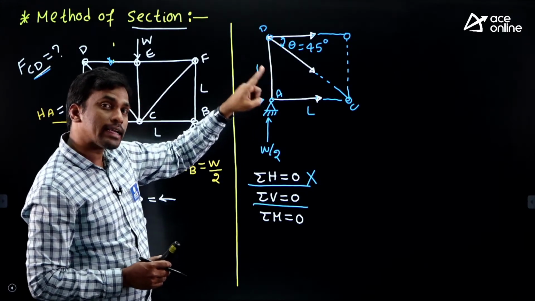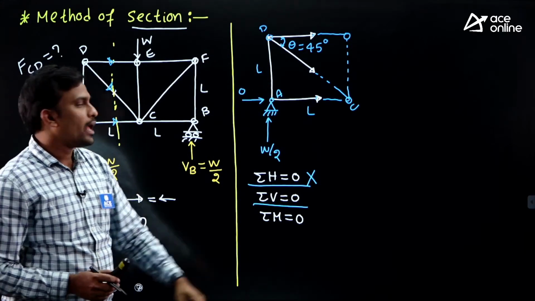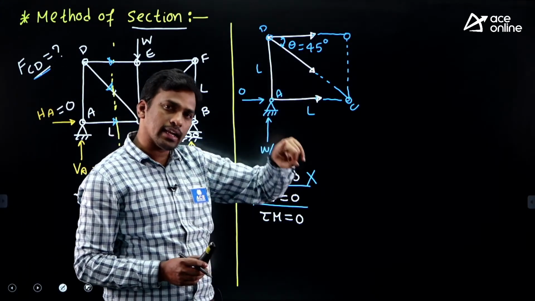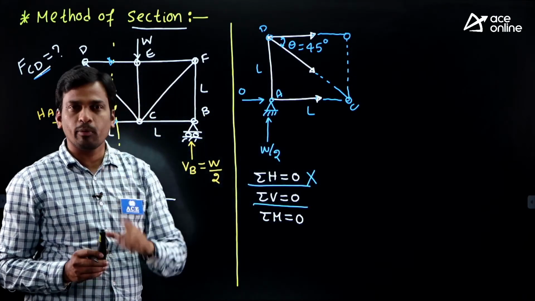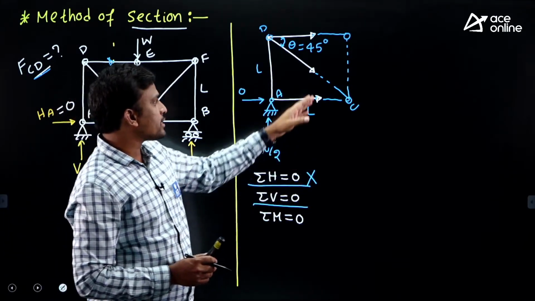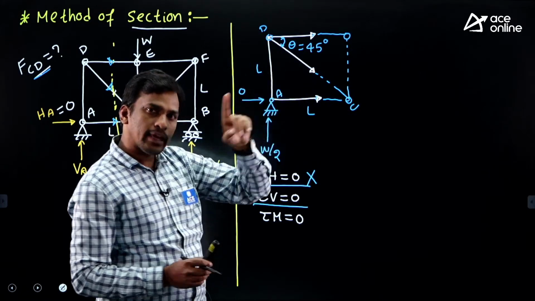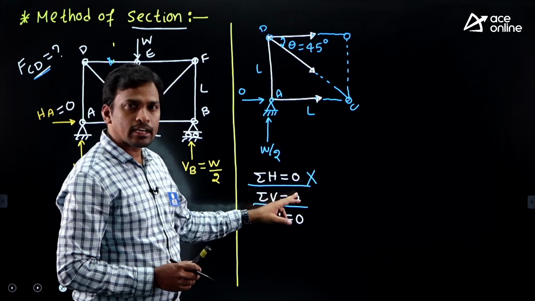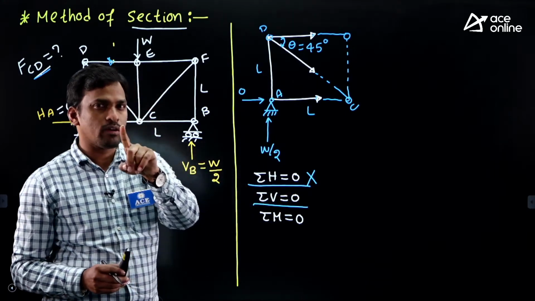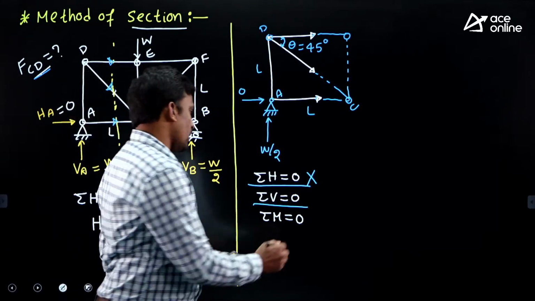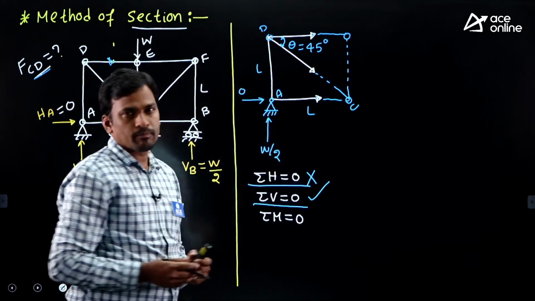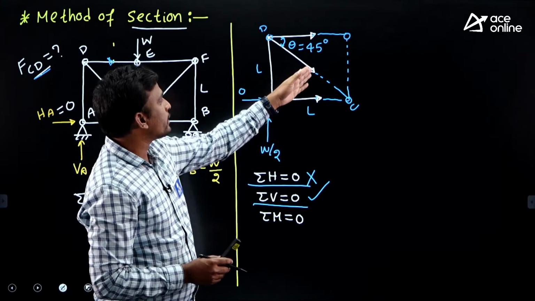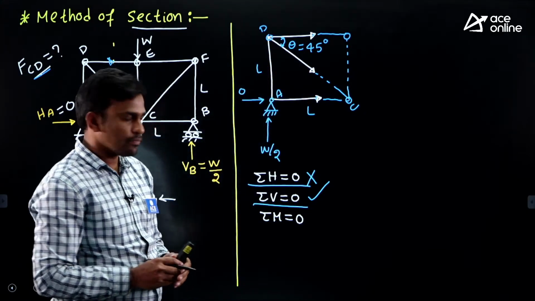I told you an inclined cut member is considered both a horizontal and vertical cut member. So here there is only one vertical cut member. Using one vertical equilibrium equation, can you find one vertical unknown at a time? Yes. Now sigma V is possible. Using sigma V equals 0, we will get the force in member CD.